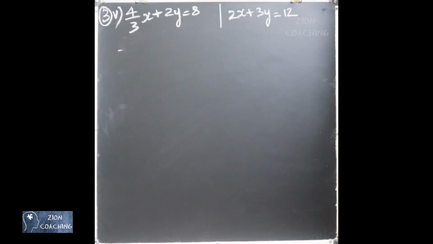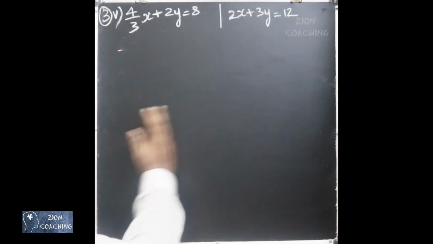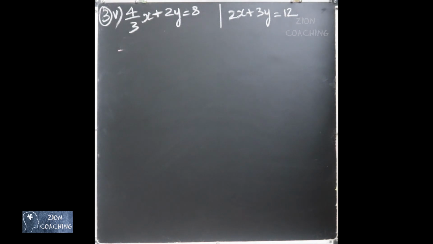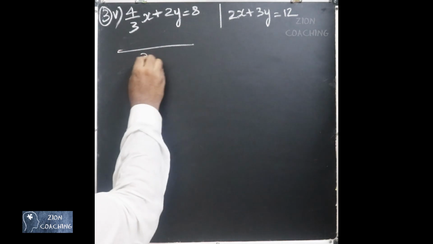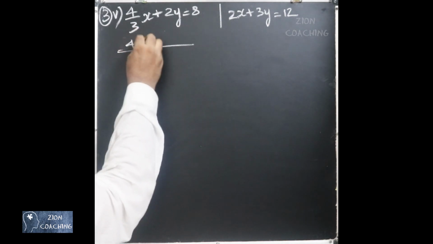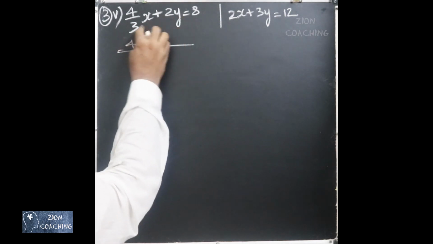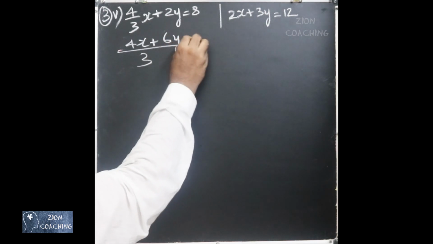The given equations are 4 by 3 x plus 2y equal to 8 and 2x plus 3y equal to 12. Now we are going to bring them to the general form. First, the denominator here is 3. So it is 4x plus 2 into 3 is 6y equal to 8.